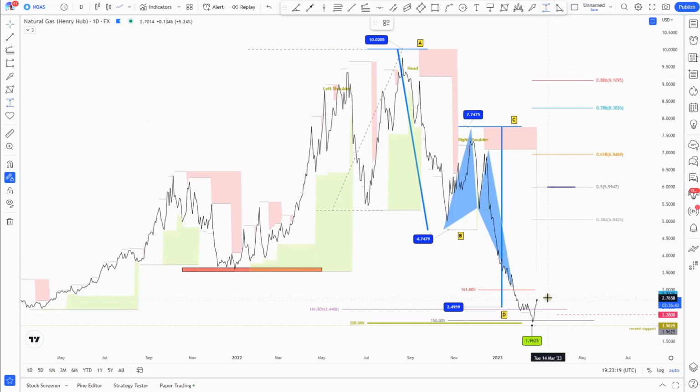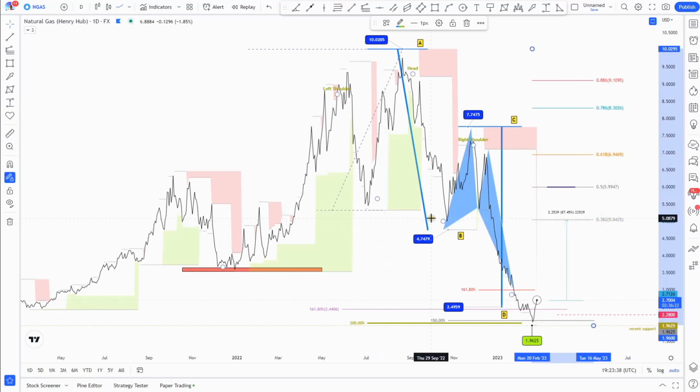I'm saying big bounce because the default target for that pattern suggests a big move to the upside, that represents almost 87% to the 38% Fibonacci retracement level, which is the default expectation after the formation of the symmetrical ABCD pattern. So if you want to trade a Fibonacci level, probably most of you will target the 38% Fibonacci retracement level.